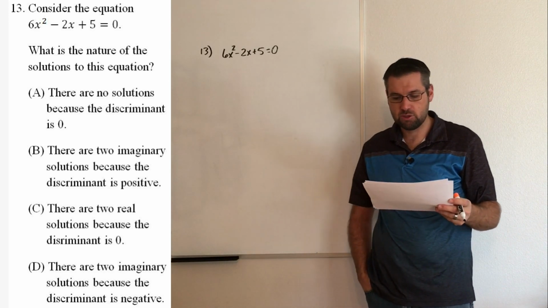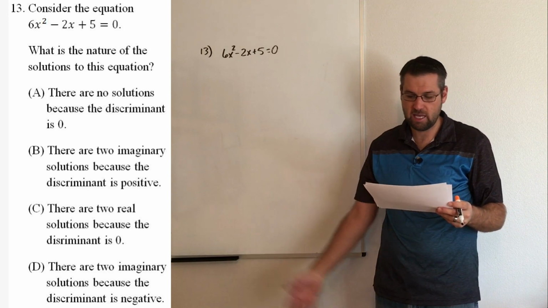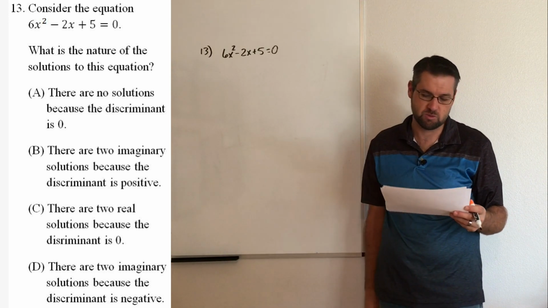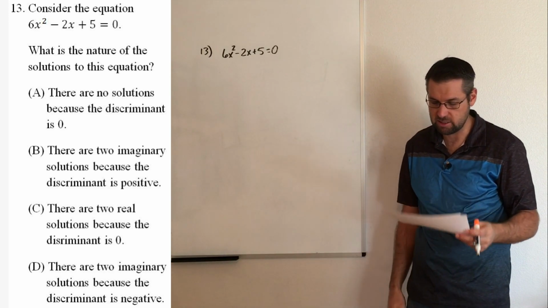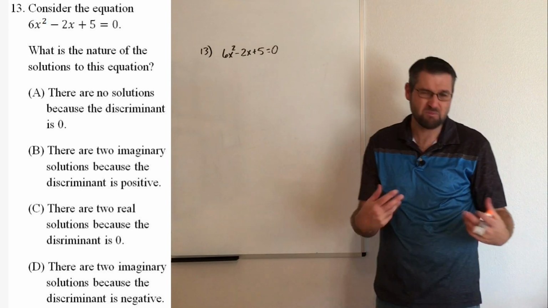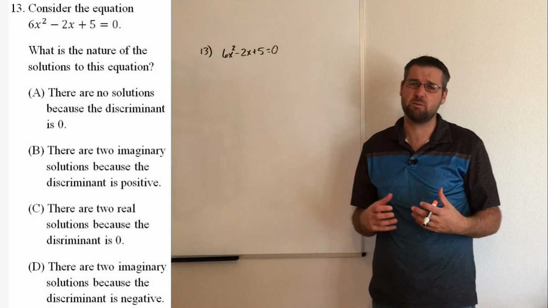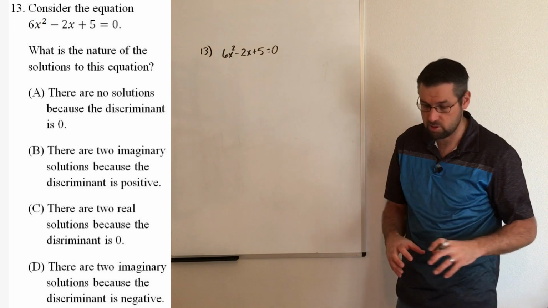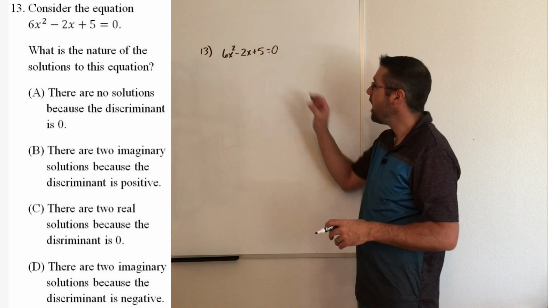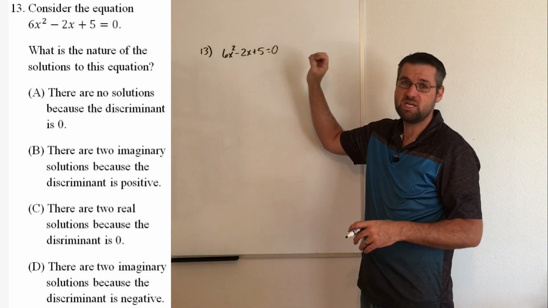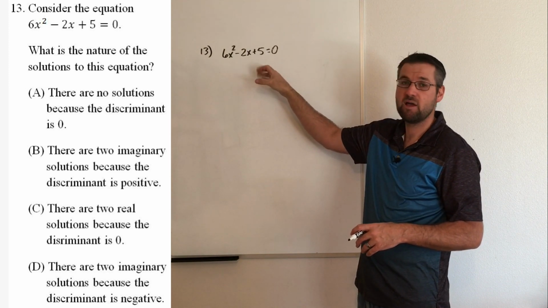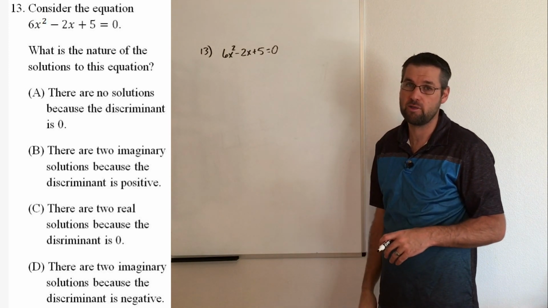It's prompting you with a multiple choice, but you should be able to determine it. I should have maybe written the question a little differently: how many solutions does this equation have, and what type of solutions are they?